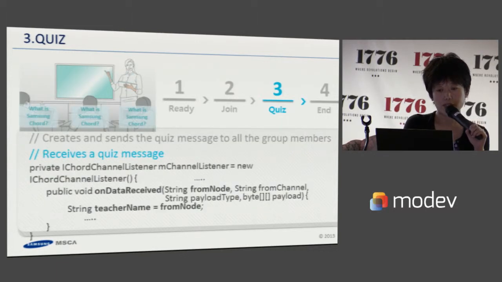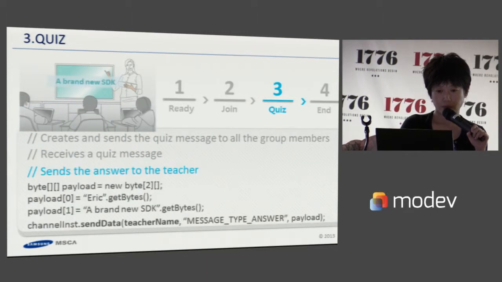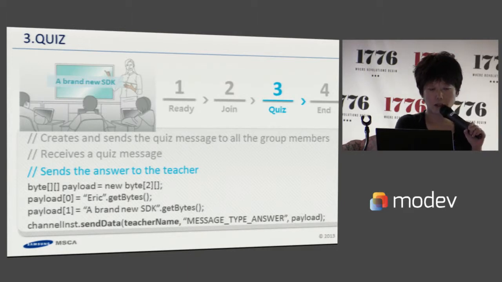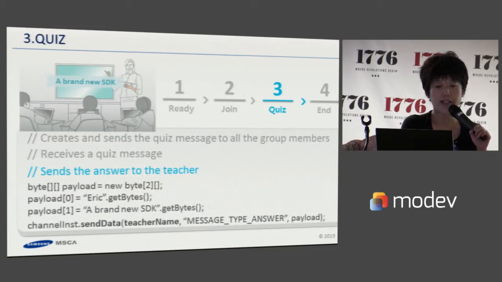So from the student side, they will receive the quiz question. And they will decouple the question from the data structure. Each student will come up with their own answer and compose the answer into another byte array and send it back to the teacher.